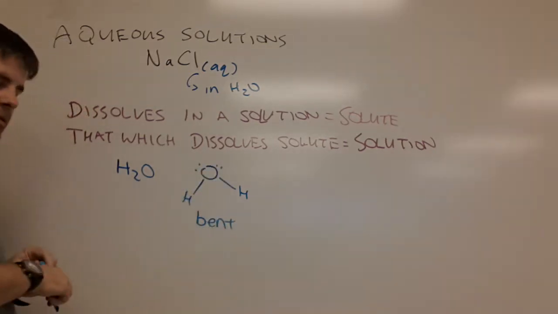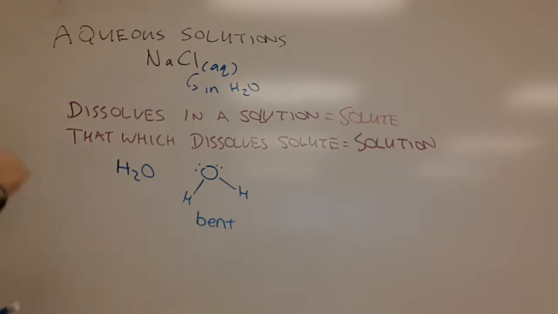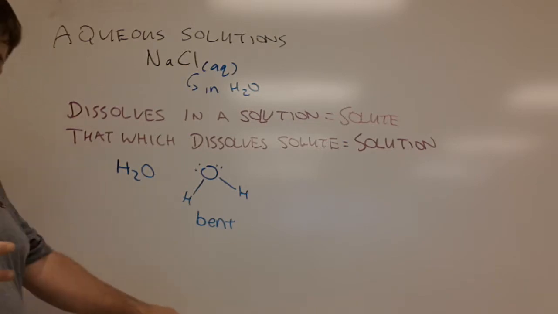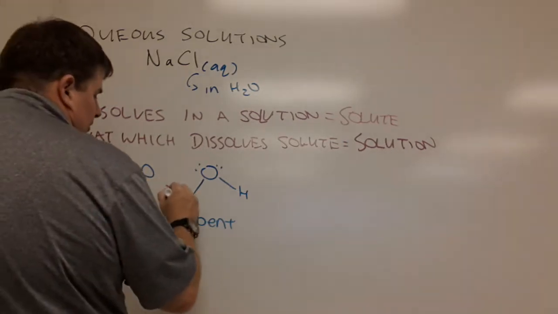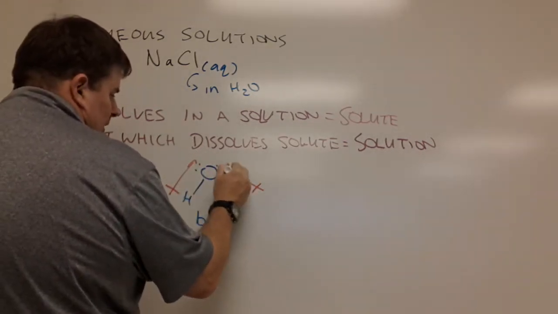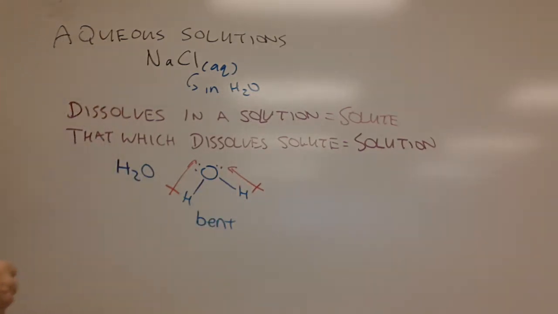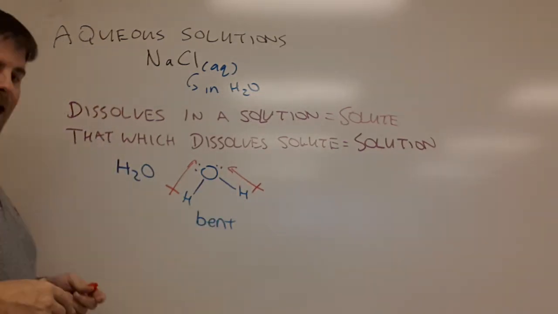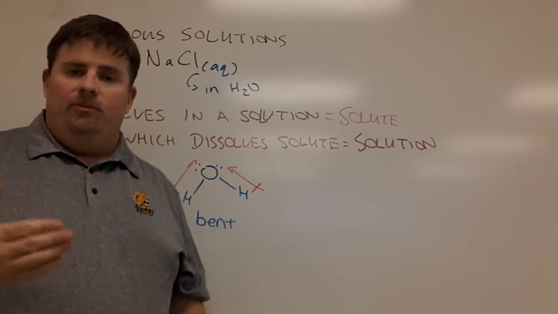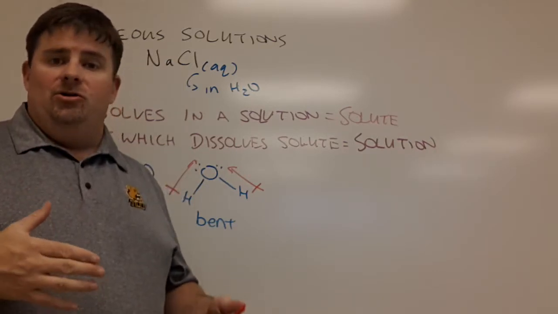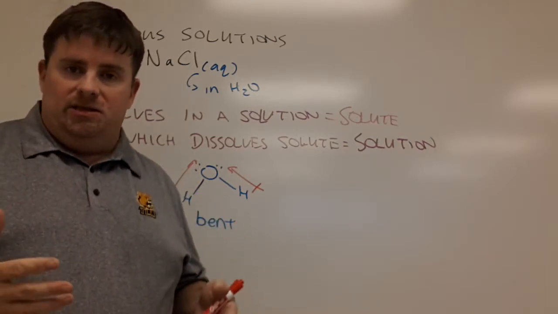And because of that, the OH bonds have two dipoles that are not canceling each other out. So the dipoles of both of these are pointing towards that oxygen, which means that the molecule itself has an overall dipole moment.